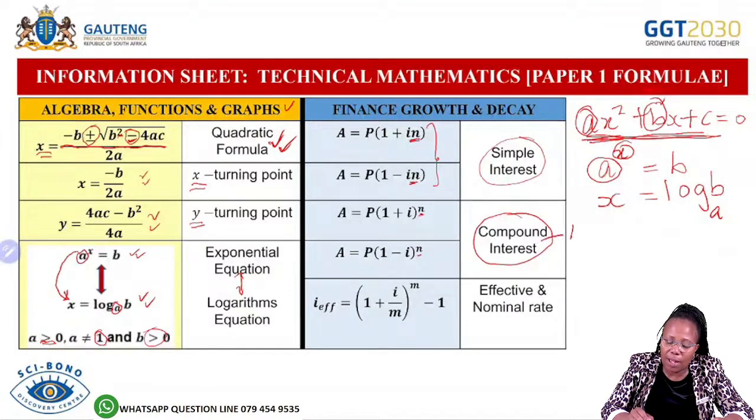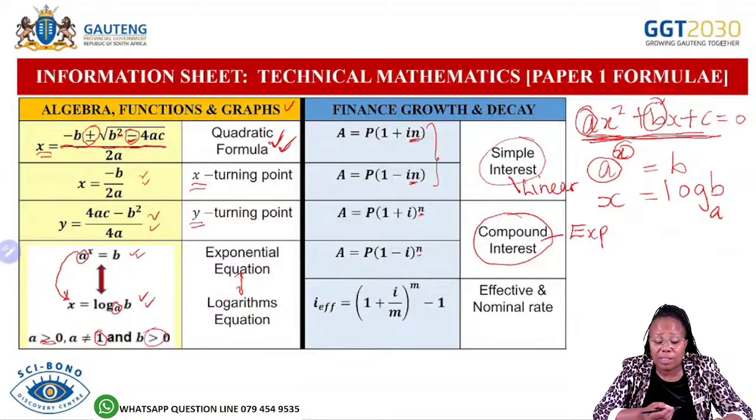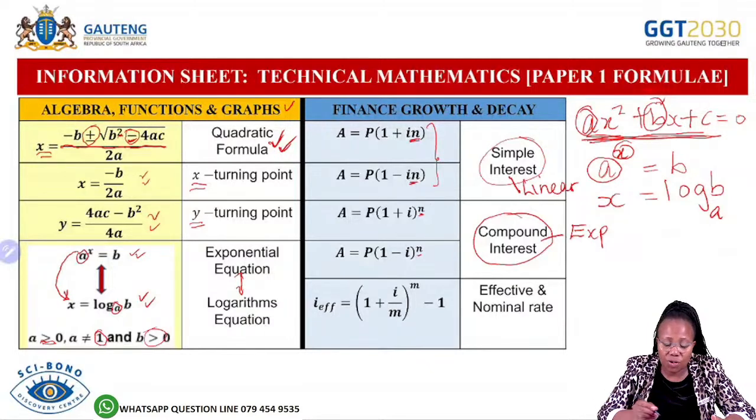That means now this one is having a relationship with the exponential graph. And then the simple interest is having a relationship with the linear graph. This type of questions can be given in terms of graphs. You must know if you are given a straight line one, it is having a relationship with the simple interest. If it's an exponential graph, therefore, it is related to the compound interest.